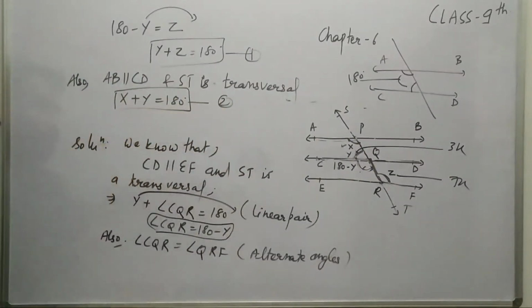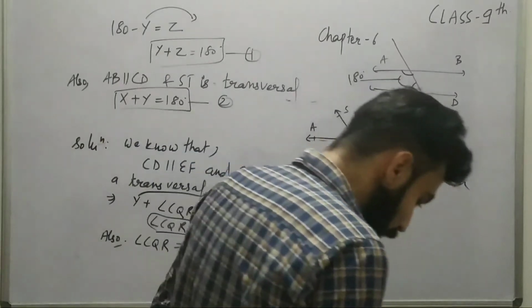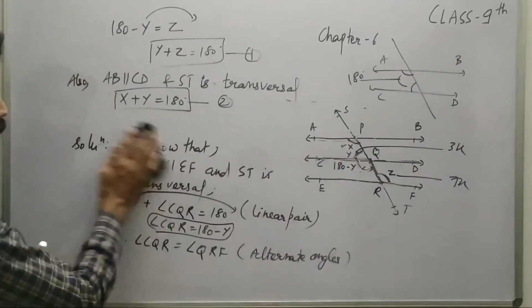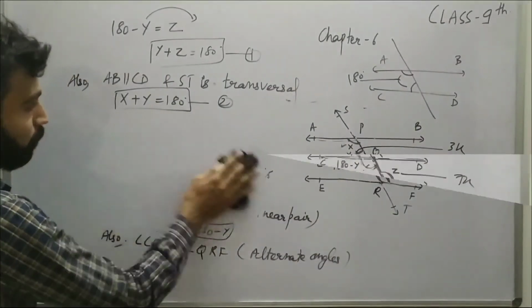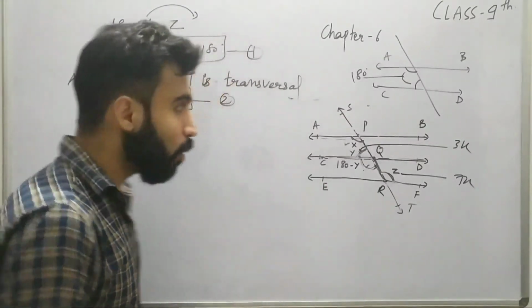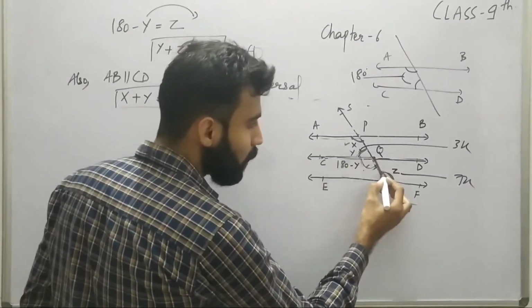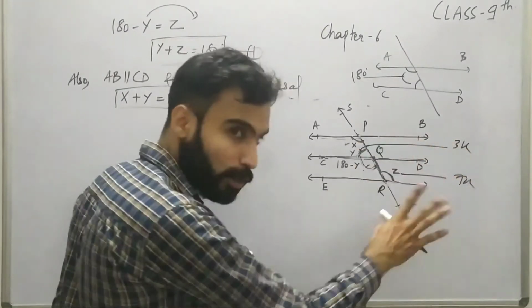Now we have to do nothing but solve these two equations, right? So first, let me make some space here. I'm going to rub this. So students, now we have acquired two equations. Also we know that the ratio of angles Y and Z was given to us as 3:7.